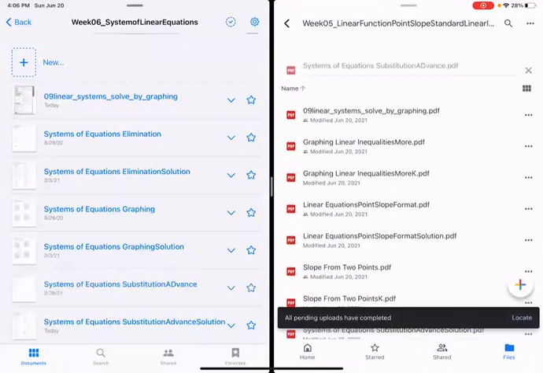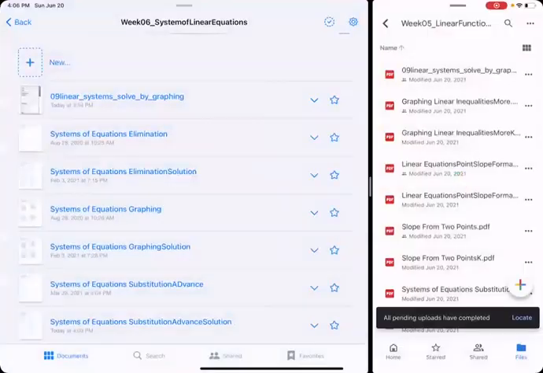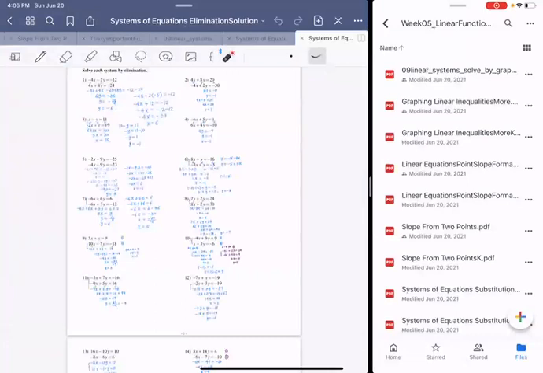I do have the notes over there. Next class, we will continue learning solving systems of linear equations, okay? Week 6, we will continue doing the system of linear equations, not only by substitution method, but also by graphing and elimination. Y'all haven't learned the elimination. I will teach you the elimination method, okay?